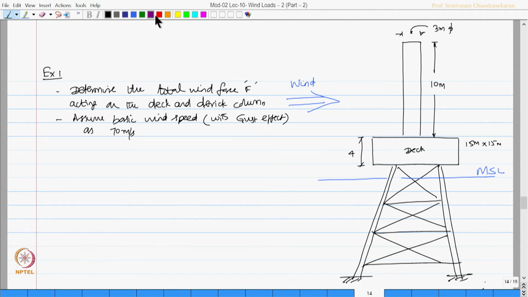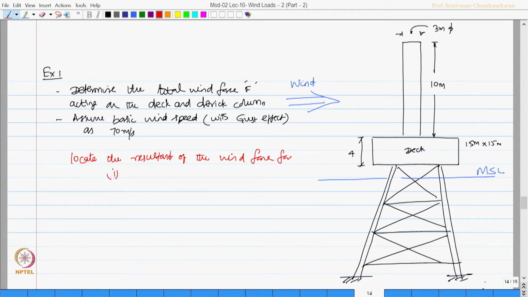What is asked is: locate the resultant of the wind force for two cases.